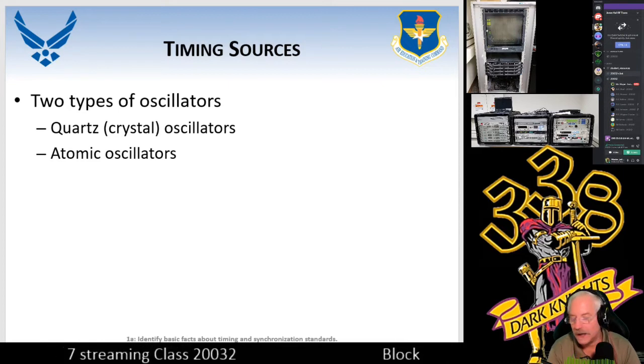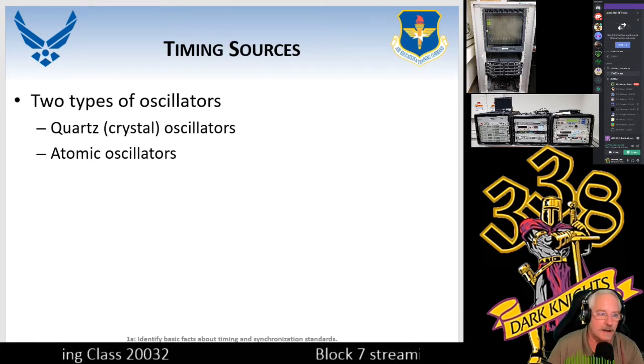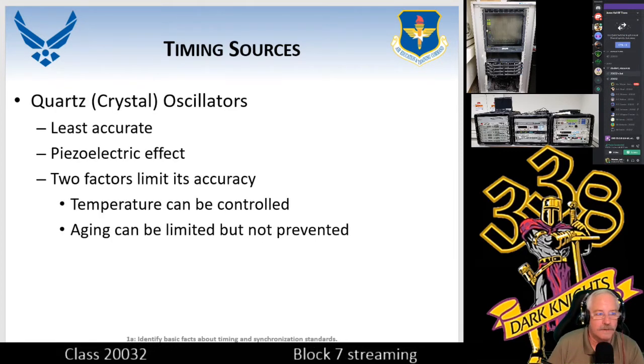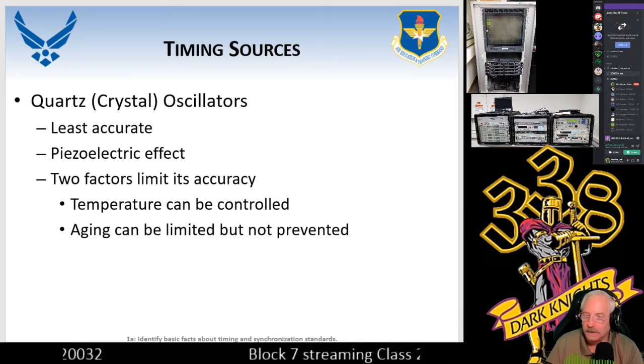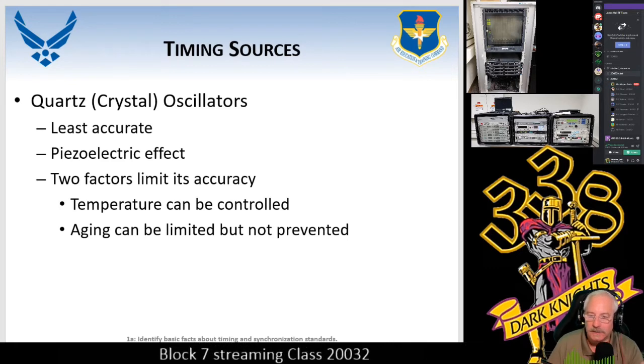We have two different types of timing sources that we use out there nowadays. It's quartz and atomic oscillators. First one is quartz. Quartz is the least accurate. It uses something called the piezoelectric effect. What that means is you're taking a battery, and this is mainly your digital watches, and you're exciting that quartz to a certain frequency.